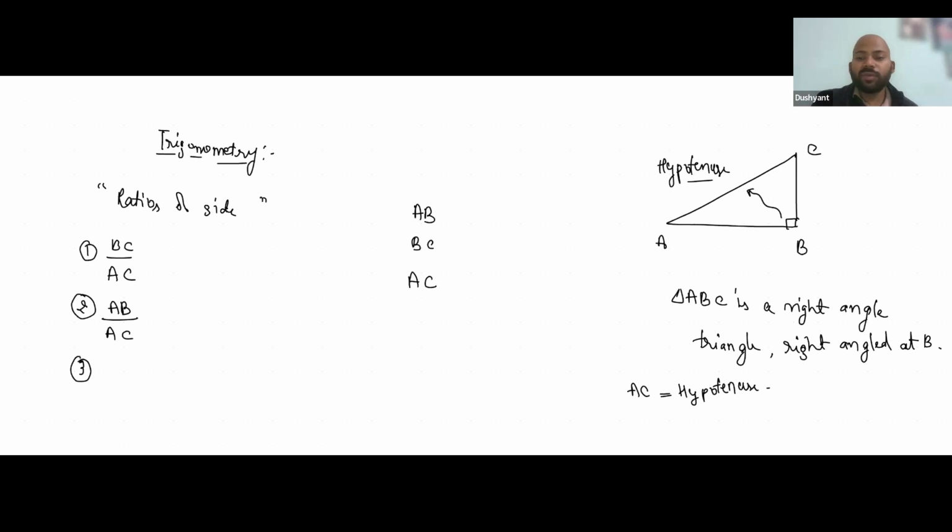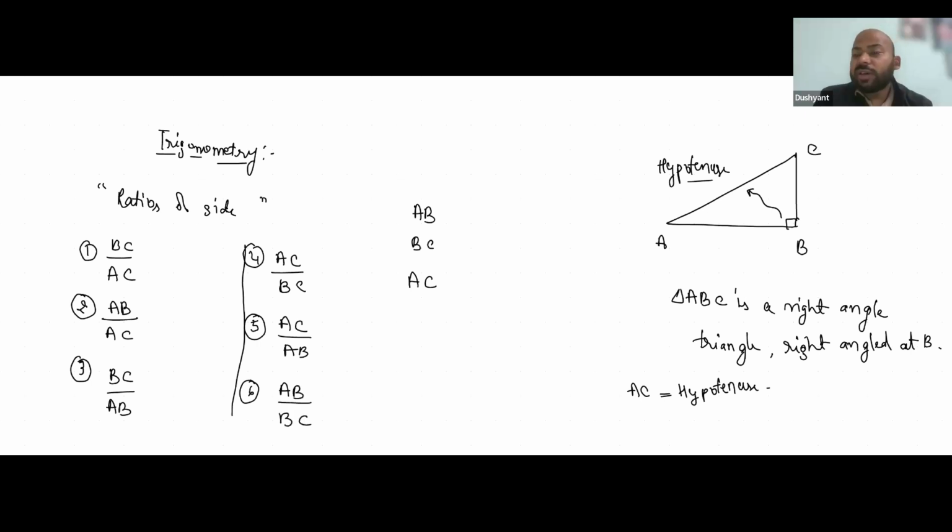And the third ratio that I am taking is BC over AB. Now, the fourth ratio is just the reverse of it. I'm taking AC over BC. Fifth ratio is AC over AB. And sixth ratio, I'm taking AB over BC.